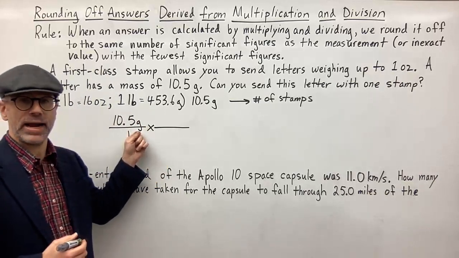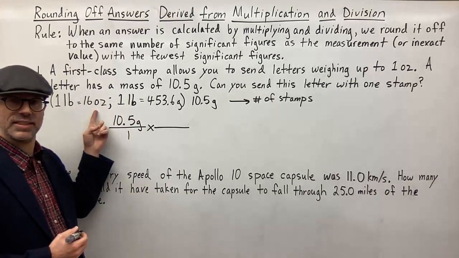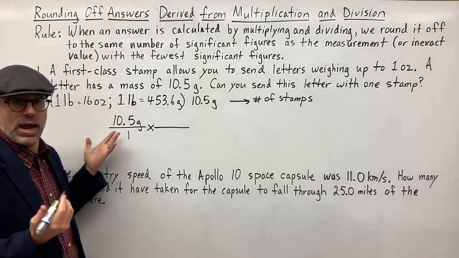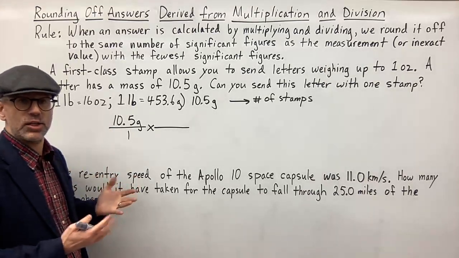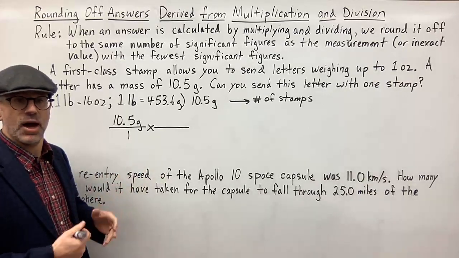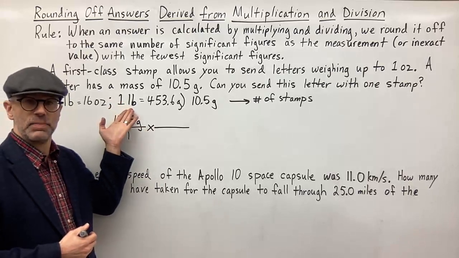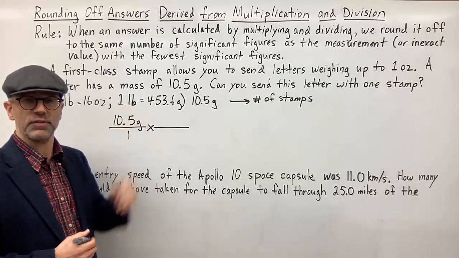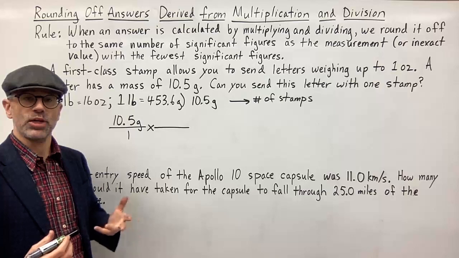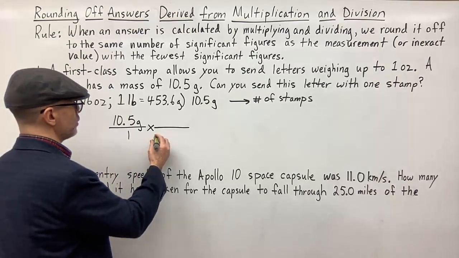So we're given grams. We know that 1 pound is equal to 16 ounces. If we had pounds, we could convert that to ounces, and then we could convert that to number of stamps. But we're given grams. We do know that 1 pound is equal to 453.6 grams, so we can use that to convert grams to pounds. So that's going to be our first step.